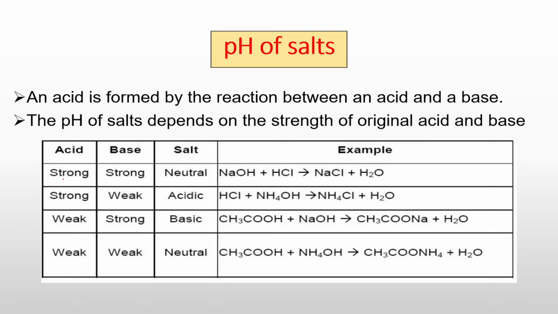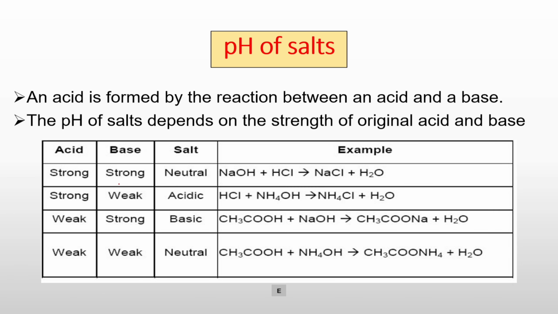On this side we have the acid component, base component, and nature of salt. If both of them are strong, the salt is going to be neutral. Example, we have a strong base NaOH and a strong acid HCl, the salt is neutral, NaCl. Similarly, if both of them are weak, again it will be neutral. So we have a weak acid, vinegar, acetic acid, and ammonium hydroxide, then the nature of the salt is also weak.